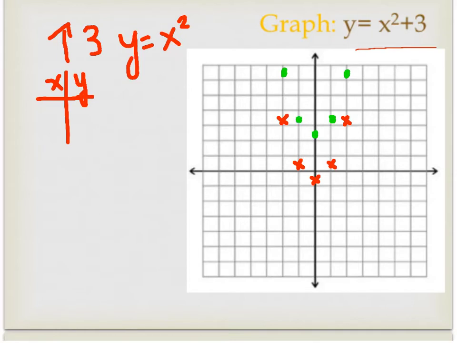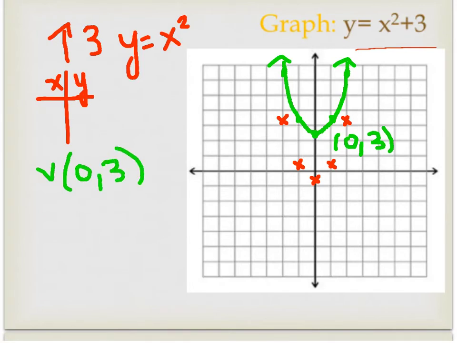And here's our new parabola. So let's go ahead and connect the dots. Our new points are 0, 3. Imagine that. Looking at this, you can see that h is 0, k is 3, so our vertex is 0, 3. This point here is 1, 4.